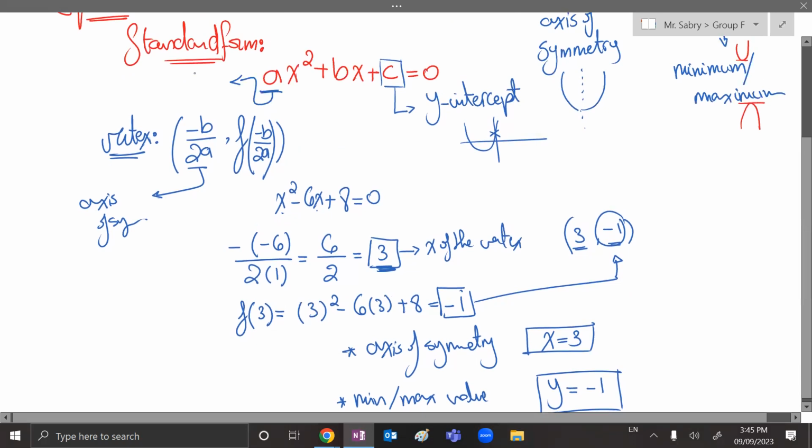If it's positive, bigger than 0, then the parabola is looking up, then it's minimum. If the a is less than 0, then the parabola is looking down, then it is maximum. So when I check this example, a here is positive, which means that the parabola is looking up, which means that this y is minimum. Minimum.